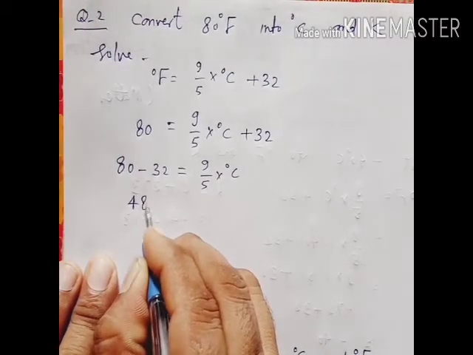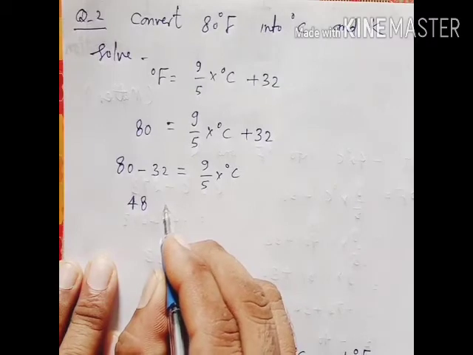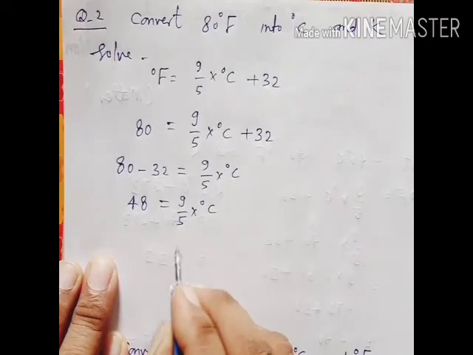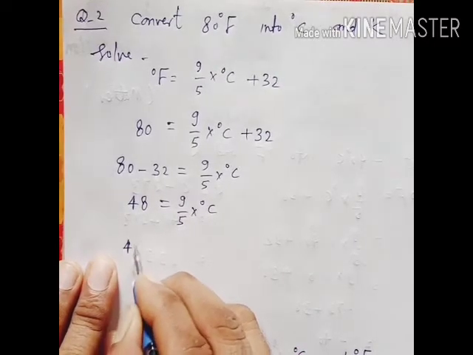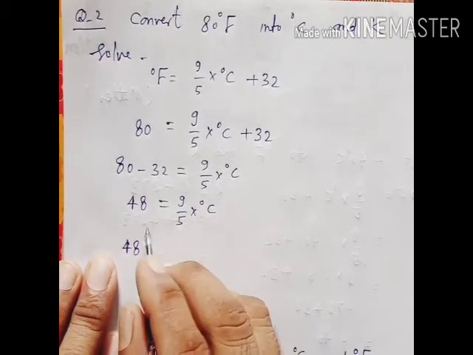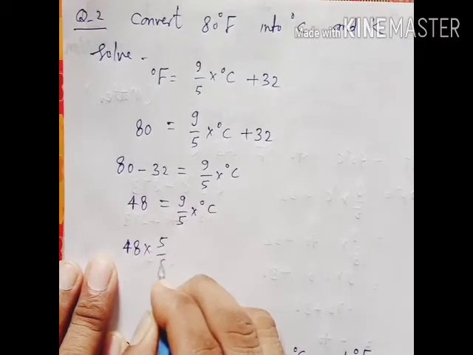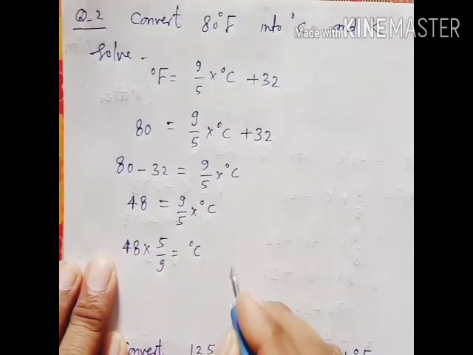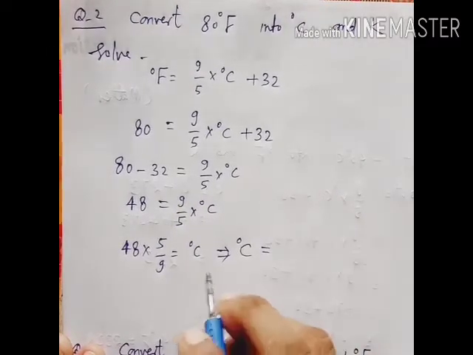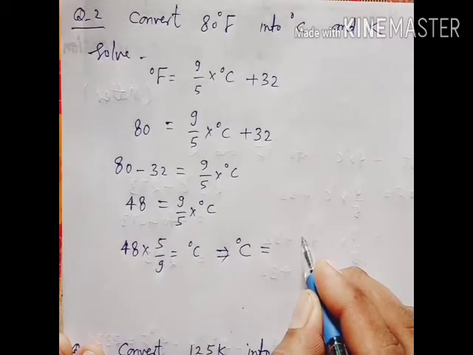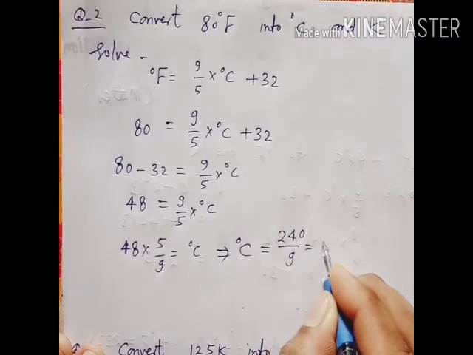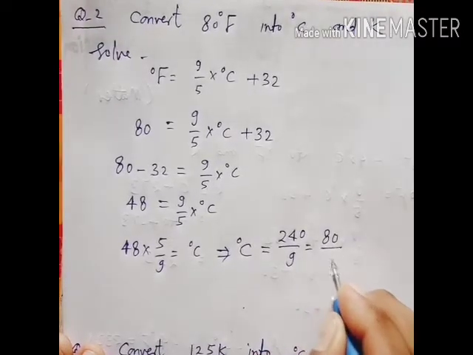After subtracting, we get 48 equal to 9/5 into degree C. We transfer 9/5 to the left side, so it becomes 5/9 equal to degree C. Now we have to calculate: 5 8s are 40, 240/9, that is 3 8s are 24, 80/3.